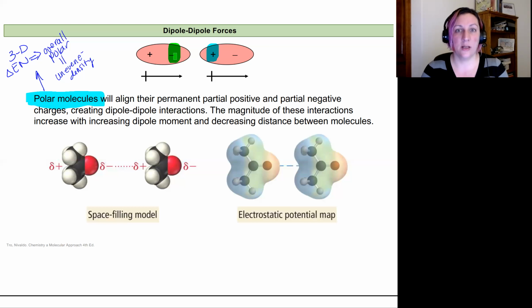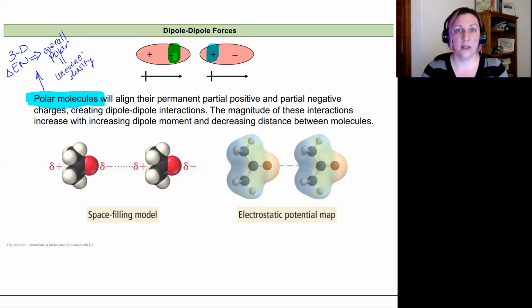We've got a carbon double bonded to an oxygen, and that's creating our dipole moment. Otherwise, it's bonded to a carbon on either side and 3 hydrogens. And so that partially negative end on the oxygen, because it's more electronegative, will line up with the partially positive end of that carbon bonded to the oxygen on another molecule.